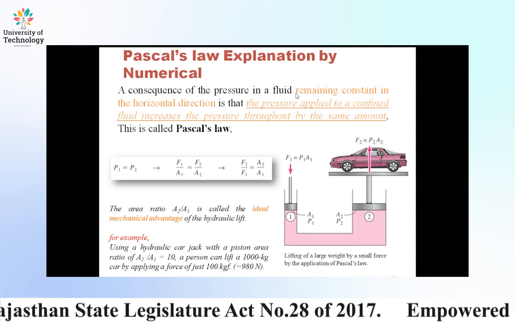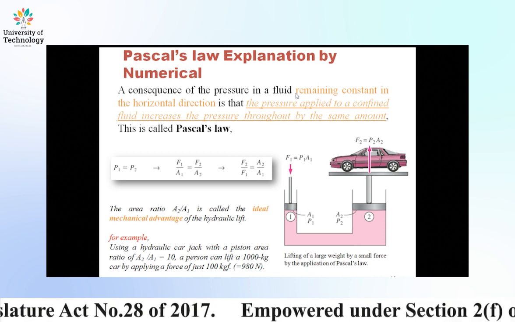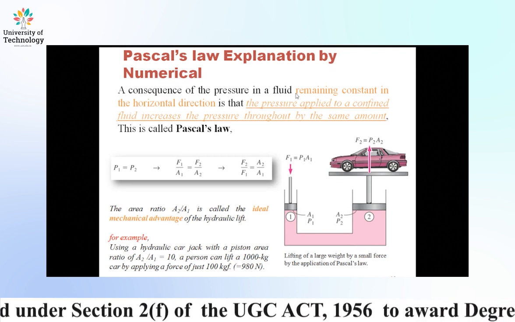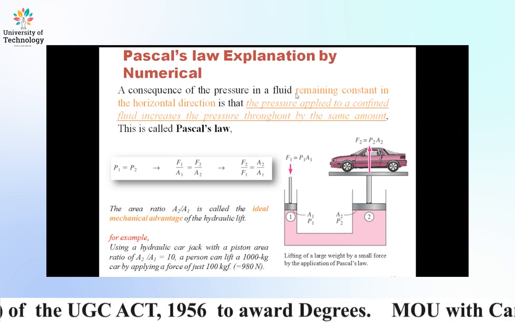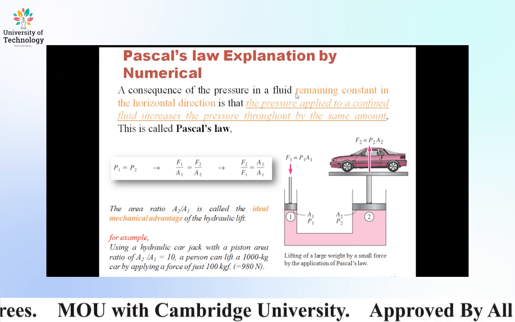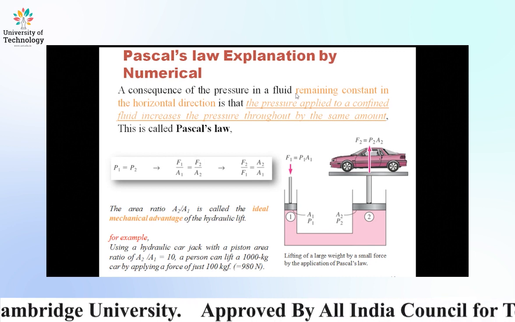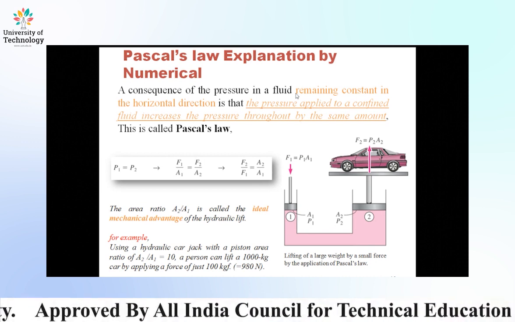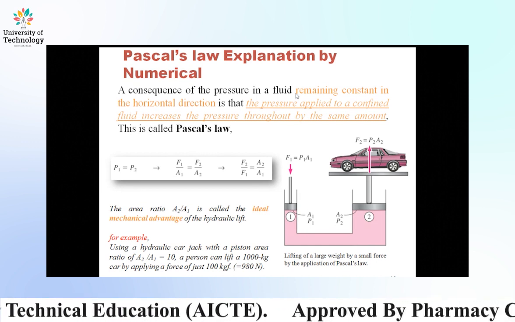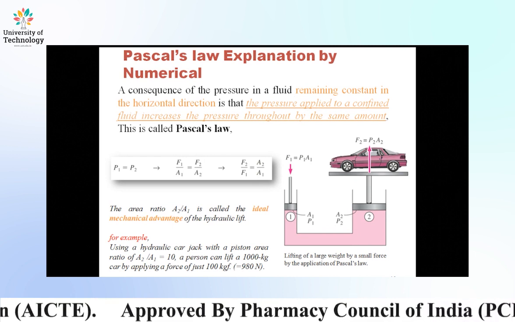Pascal's law: we can also explain it by using a simple numerical. A consequence of pressure in a fluid remaining constant in the horizontal direction is that the pressure applied to a confined fluid increases the pressure throughout by the same amount. This is called Pascal's law.